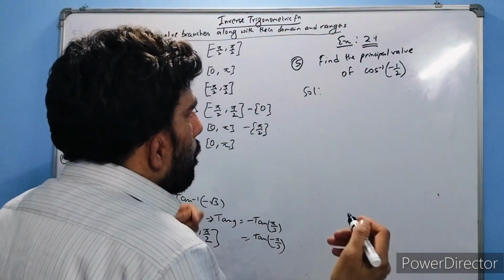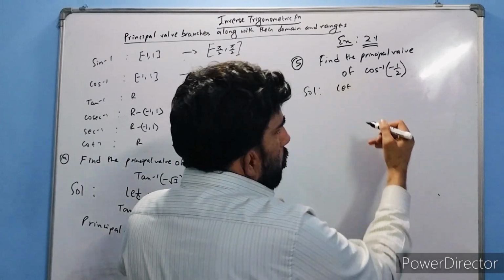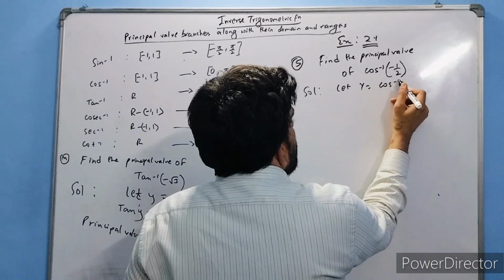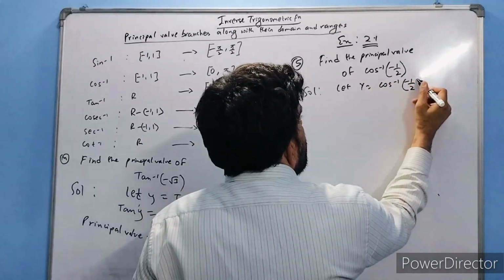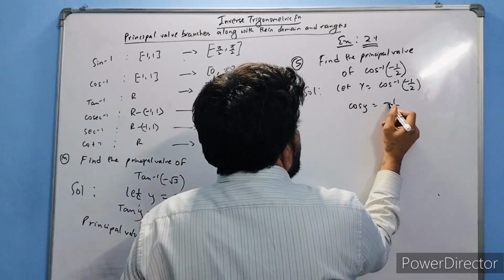To find the principal value of cos inverse minus half, we will solve like this. Let y is equal to cos inverse minus half. So we'll say cos y is equal to minus half.